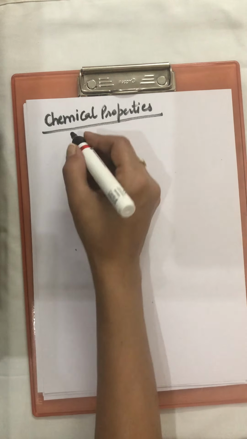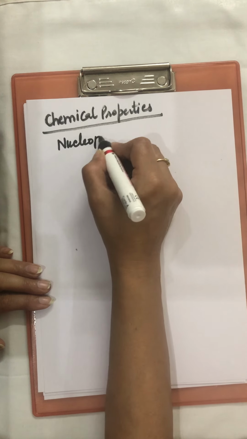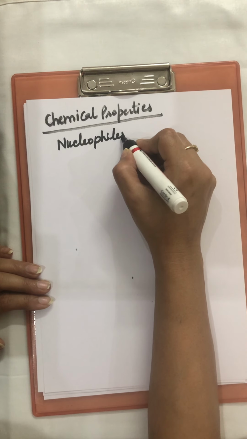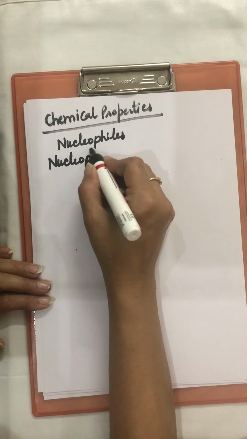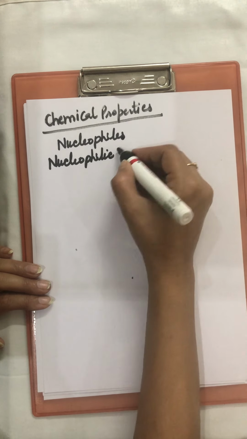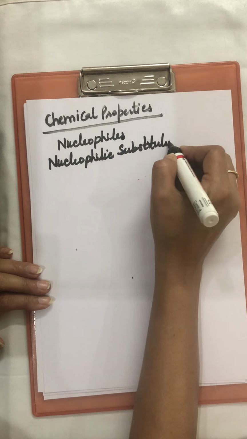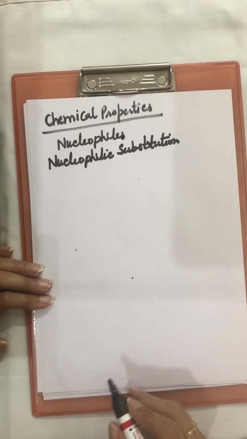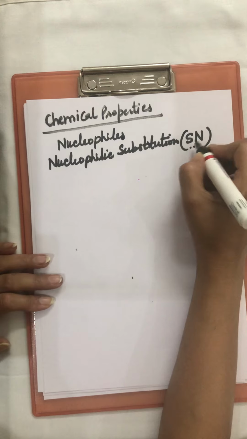Haloalkanes, they react with nucleophiles. And these reactions are known as nucleophilic substitution reactions. Which reactions are shown by haloalkanes? Nucleophilic substitution reactions. Abbreviation is SN.